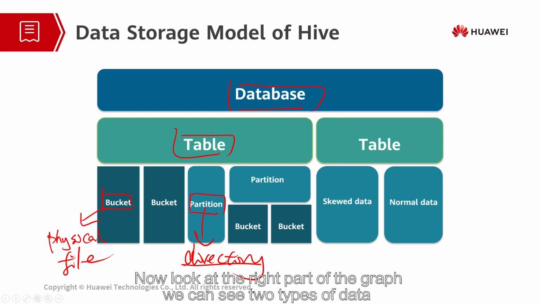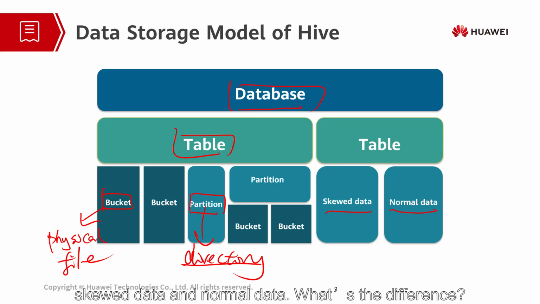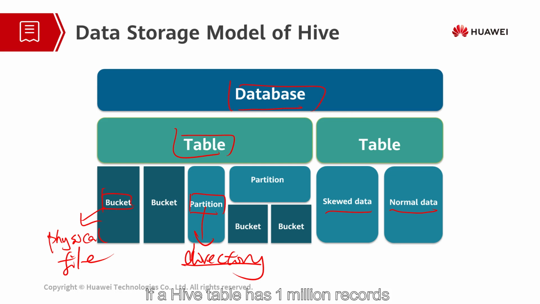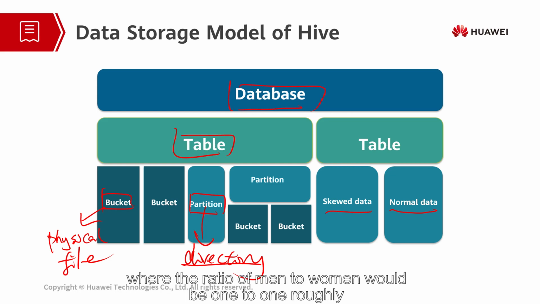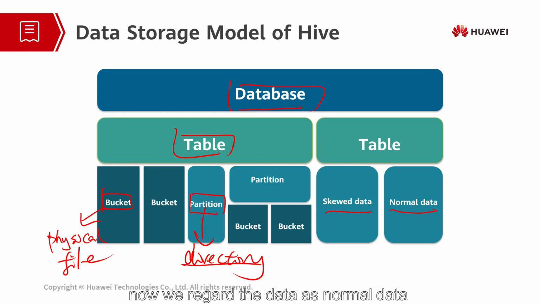Now, look at the right part of the graph. We can see two types of data: skewed data and normal data. What's the difference? If a Hive table has 1 million records, where the ratio of men to women is roughly 1 to 1, we regard the data as normal data.